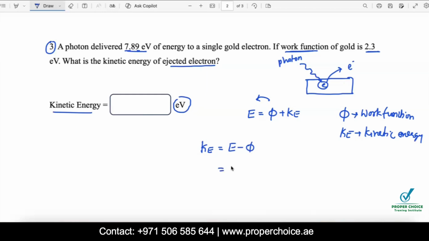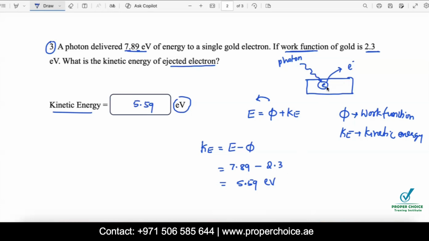The supplied energy is 7.89 electron volt minus work function 2.3. So what are you going to get? 7.89 minus 2.3 gives us 5.59 electron volt.